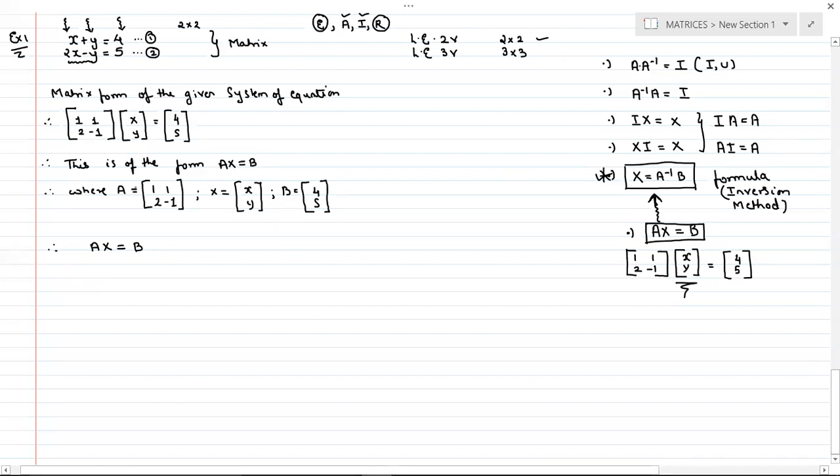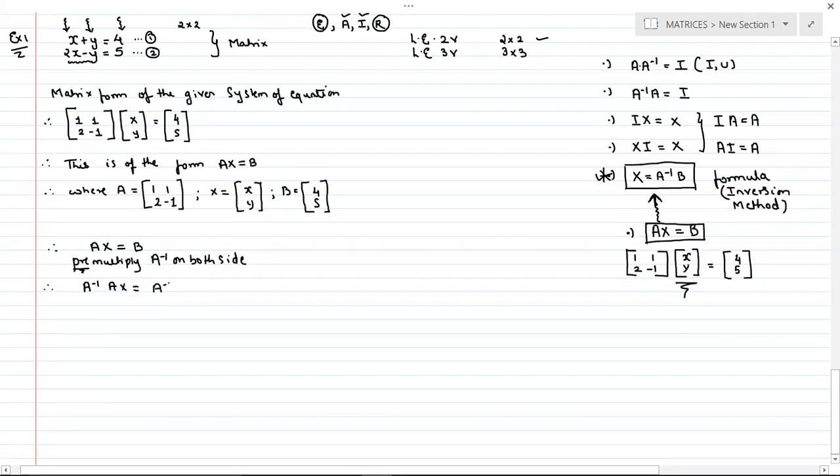To create the formula, first you will write pre-multiply A inverse on both sides. Don't write multiply, write pre-multiply. Why we have to do pre-multiply, I will explain now. Pre-multiply means A inverse will come first.